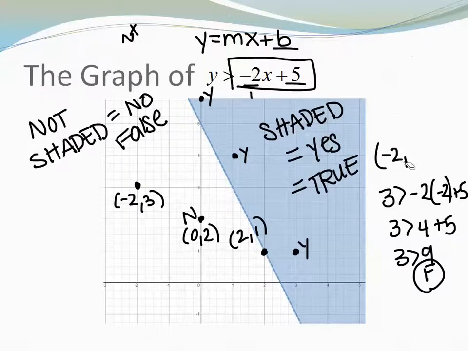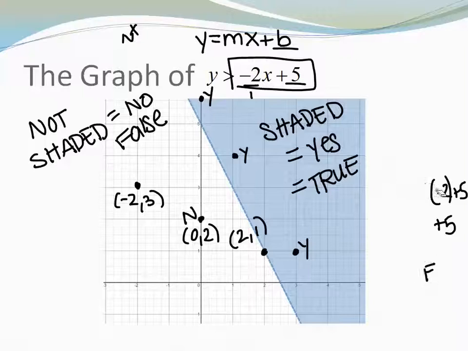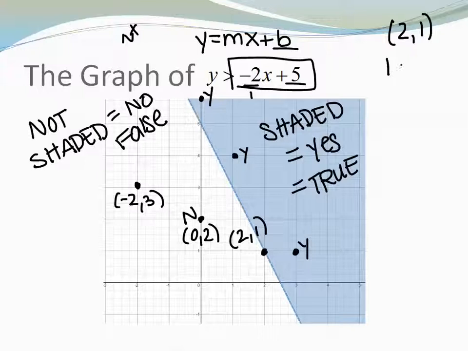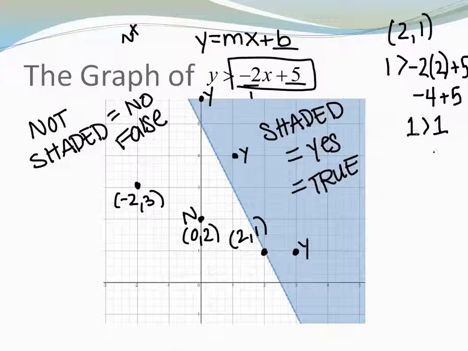Let's clear a little space here. So 2, 1. 1 greater than negative 2 times 2 plus 5. Okay, well negative 2 times 2 is negative 4. Negative 4 plus 5 is 1. So I have 1 is greater than 1.